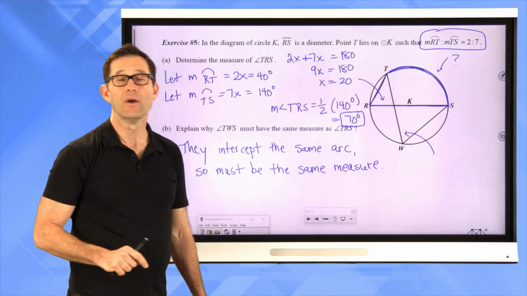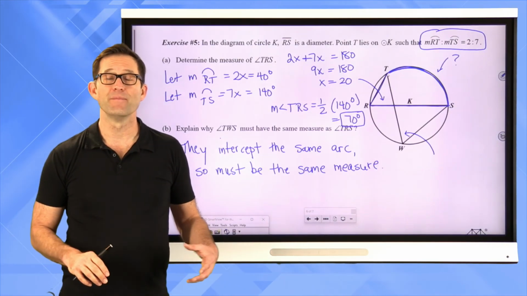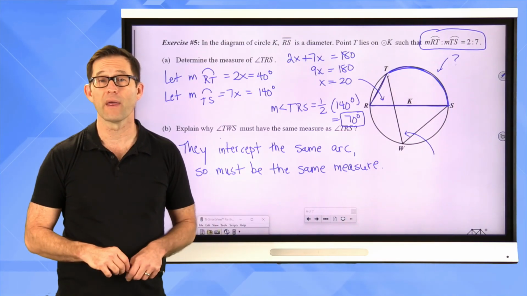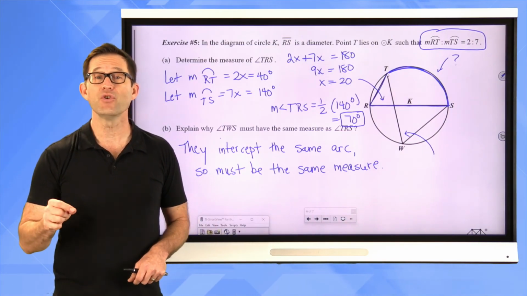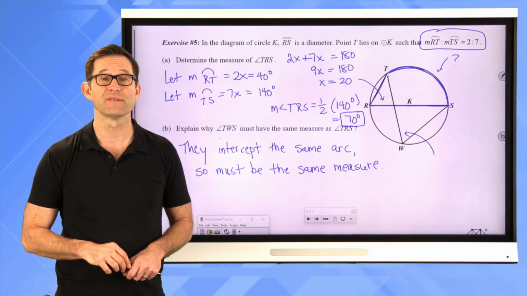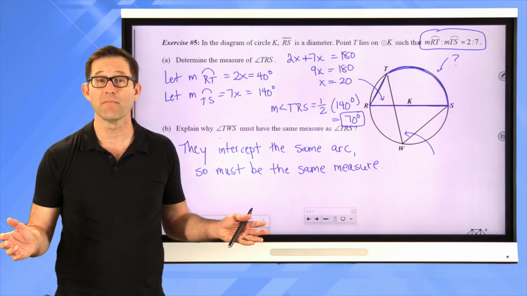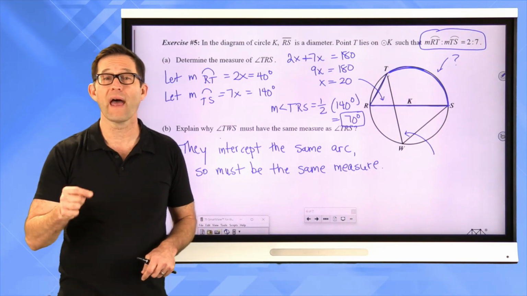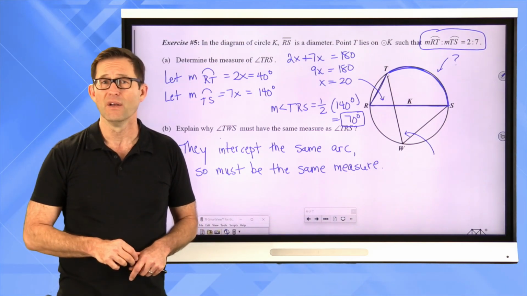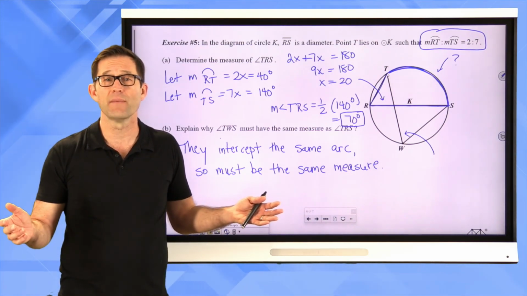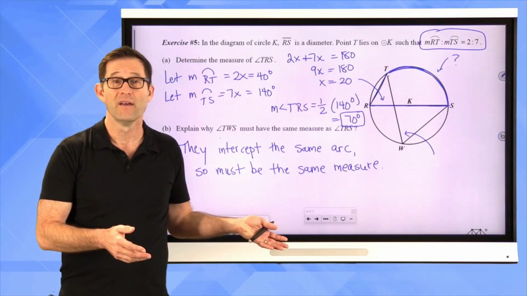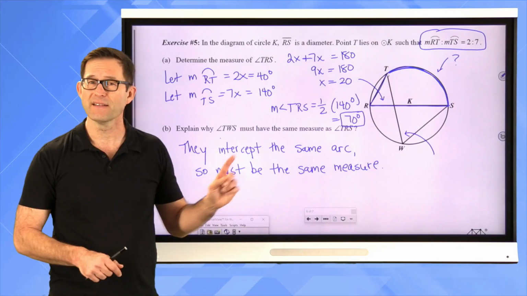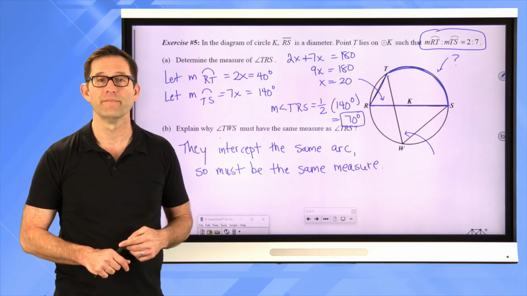In fact, we can state an additional theorem right here, or a corollary to our theorem that we had before, which is if two inscribed angles intercept the same arc, they must have the same measure. And it makes sense. Any inscribed angle will be 1/2 the measure of its intercepted arc. So if two inscribed angles intercept the same arc, then by calculation alone, they're going to have the same measure. And that's actually a relatively important theorem.